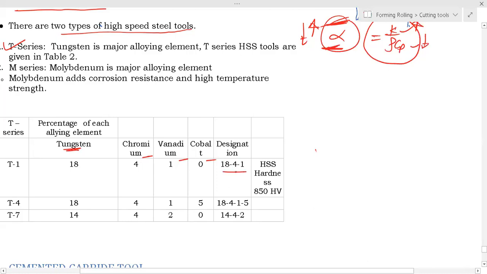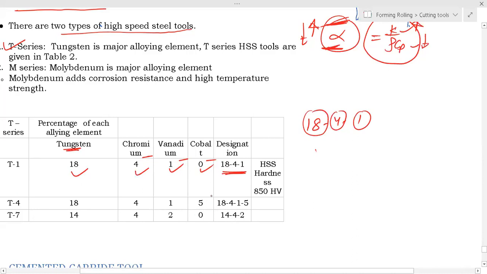So 1841 means 18% tungsten, 4% chromium, 1% vanadium, and 0% cobalt. When it is said 1841, it gives the percentage of tungsten, chromium, and vanadium.